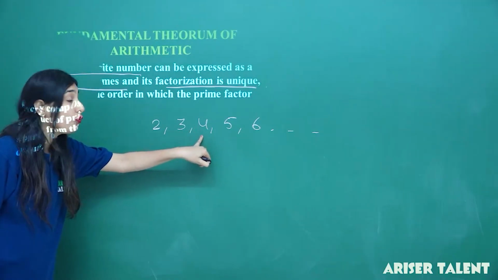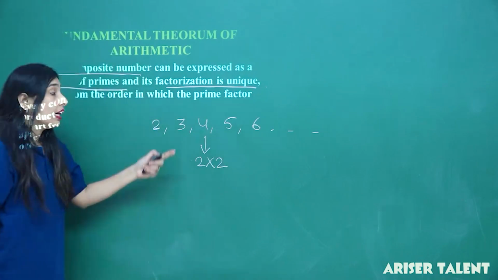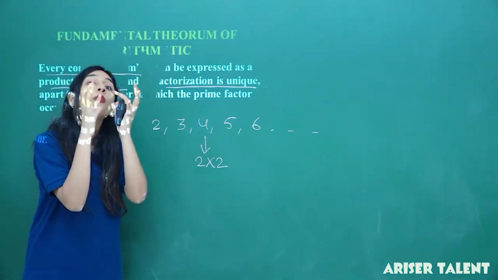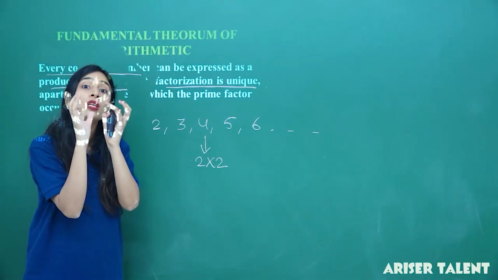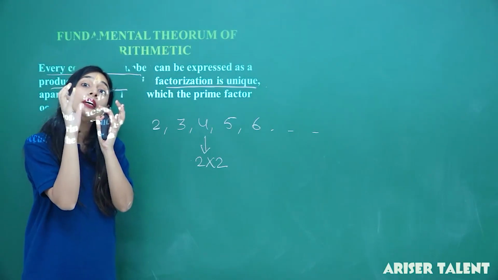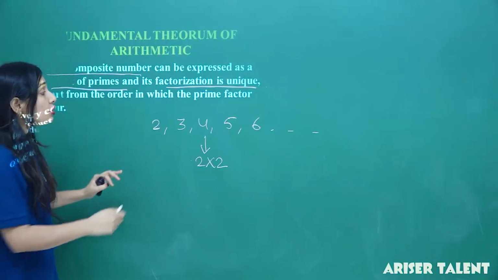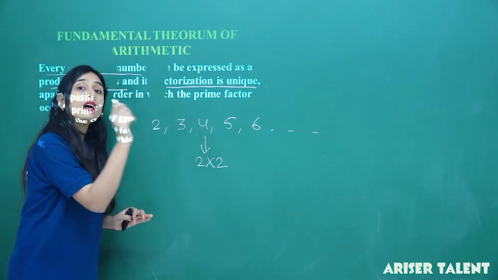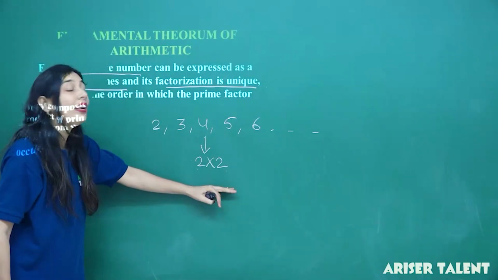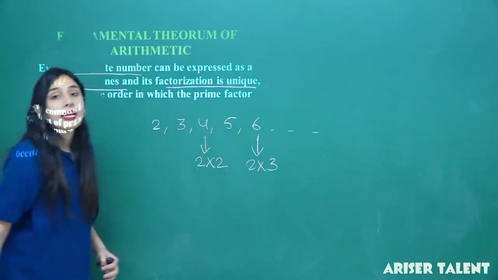Now 4. 4 is a composite number. Composite is that which is composed of 2 numbers. And 2 or more numbers are what in this case? These 2 or more numbers are only prime numbers. So, the smallest division of these numbers are only prime numbers. Likewise 2 and 2, these are prime. In this case 2 and 3 are primes.